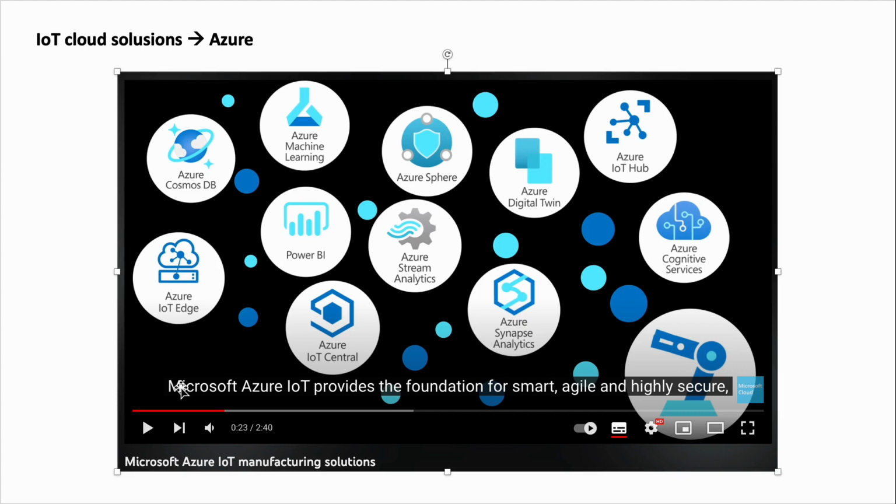So they give different solutions for IoT as well. If you take Azure Cosmos DB, that is something that is there on Azure, but we can utilize that on IoT as well. So things like that.